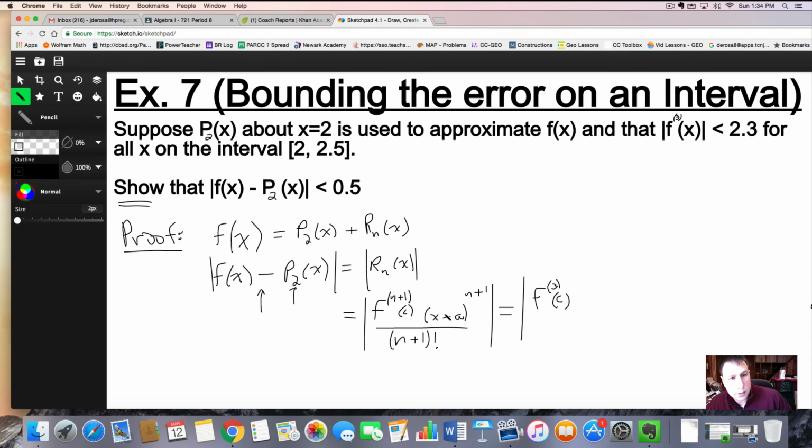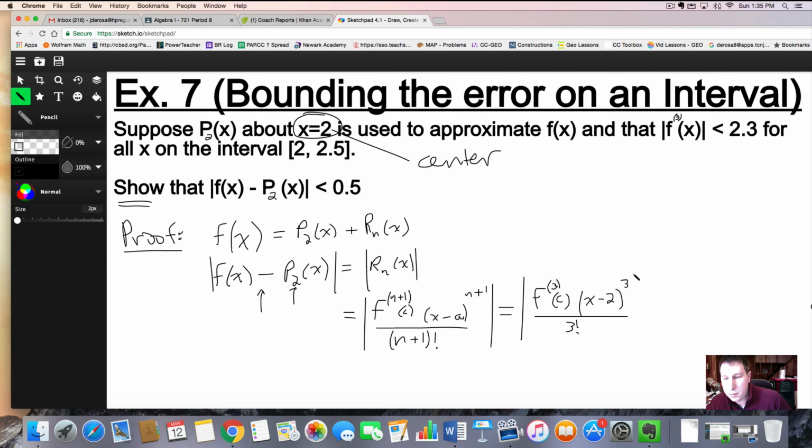Notice we're going about x equals 2, but actually some specific x is not given. We know the center, because we're about x equals 2. That's the center of our Taylor series. But we're not actually given an x to work with. So that's an additional term we're going to have to bound in this problem. This is cubed, and then 2 plus 1 factorial, which is 3 factorial.